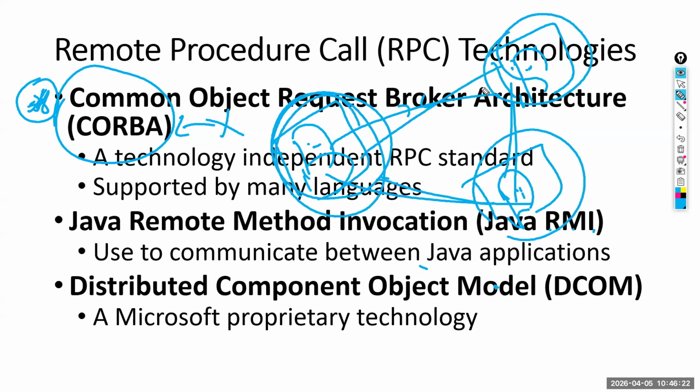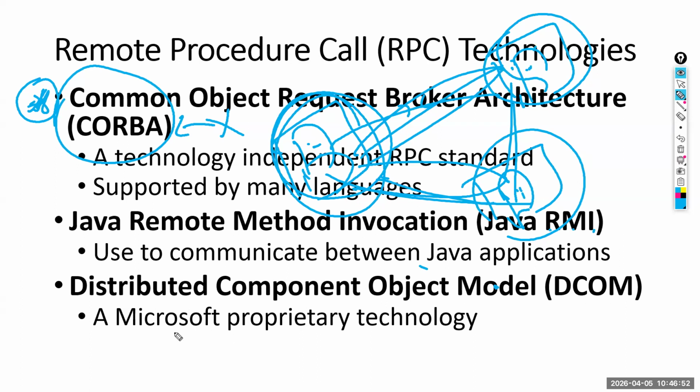You can use RMI, call this method, get the return, call this method, get the response, and so on. But it's much simpler than CORBA, and data type issues are also not there because it's all Java. And there's a uniqueness in the way exceptions are handled and so on. Therefore, it's a much simpler approach, but the limitation is that it's only within the same technology.